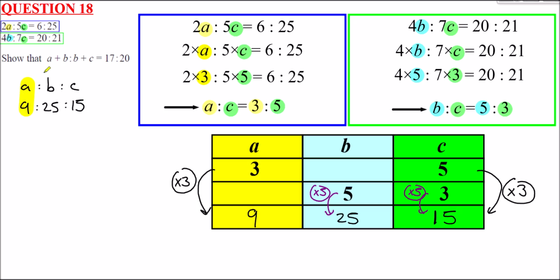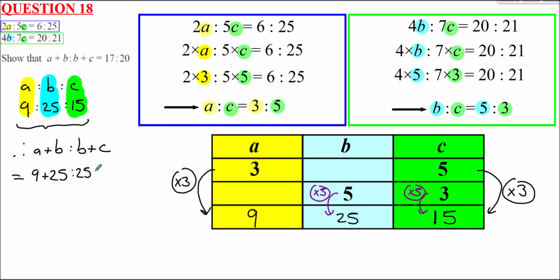But the question's actually asking us the ratio of a plus b to the ratio of b plus c, which is slightly complicated. But from this, we've got all the stuff we need. So therefore, a plus b to b plus c, because a is 9 parts and b is 25 parts, that's the same as 9 plus 25 to b plus c.